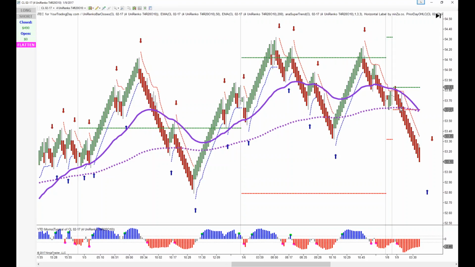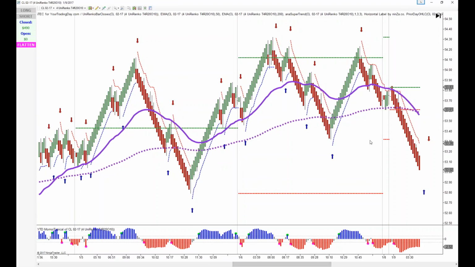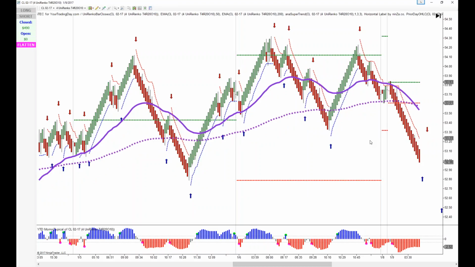So we would not sell it. Now the 50 is coming through the 200 moving average right there. Now we can look to sell it. The only problem is it's already dropping, so we have to wait for it to retrace.